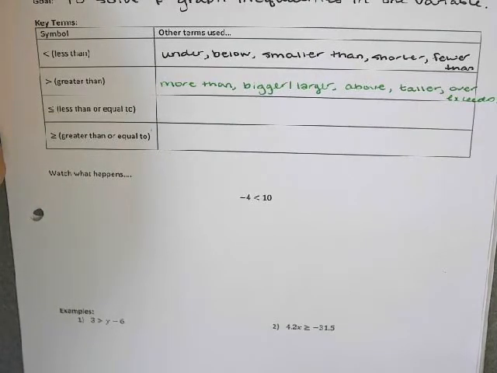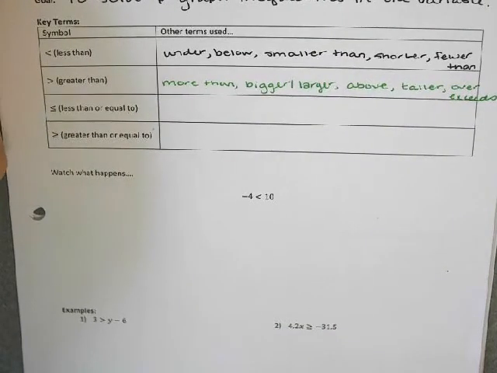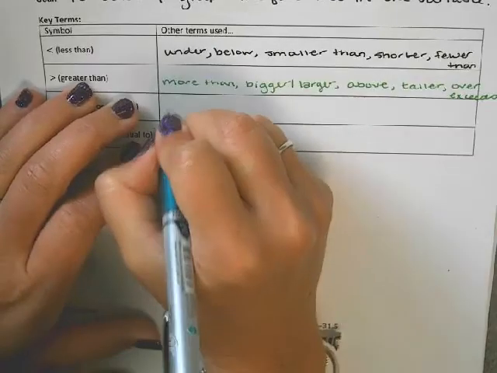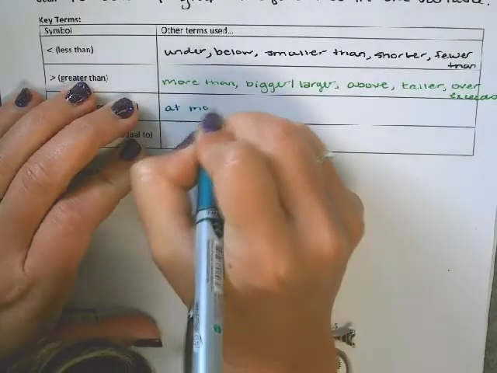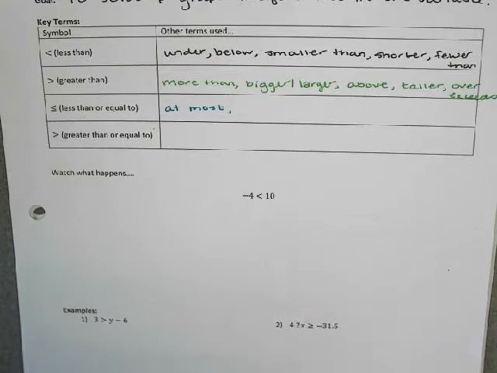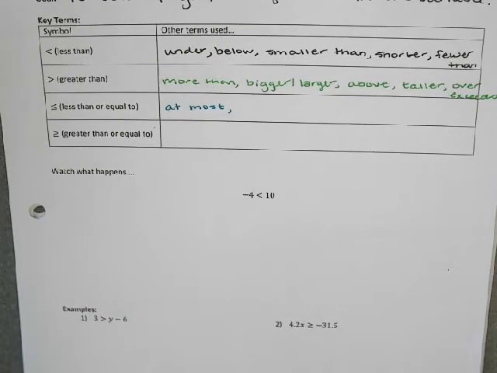How about the less than or equal to? At most. Good. At most would mean it has to be less than or equal to a specific number. Anything else? How about a maximum?